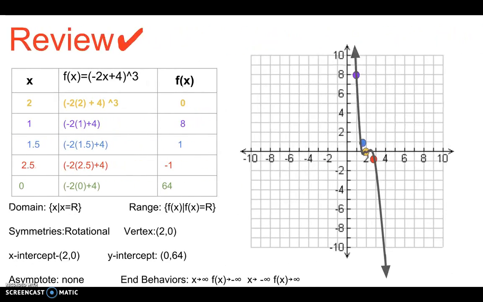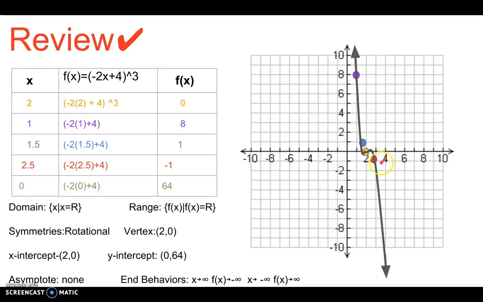Now let's put it all together and review cubic functions. So again, we have our equation here, which again, always look for the cube, not the squared, the cubed or the to the third power. And then we fill out our table with different points, so we substitute in for x.